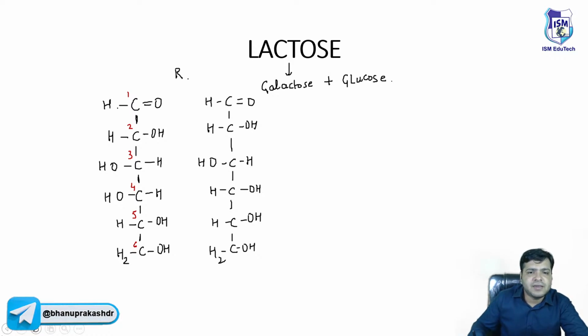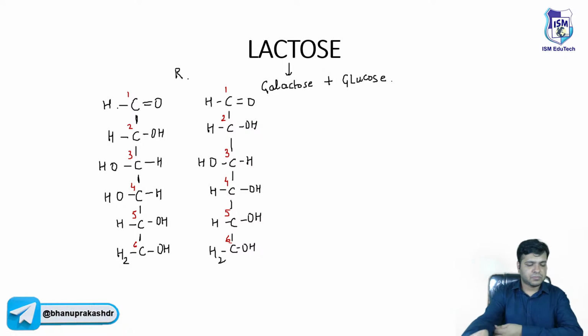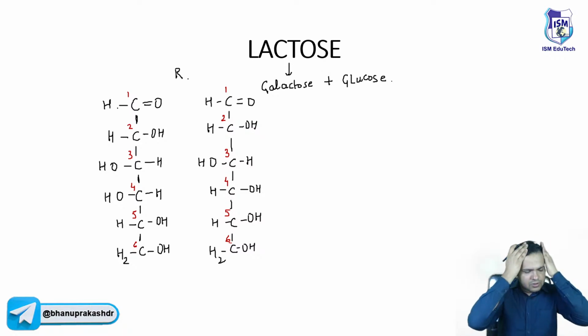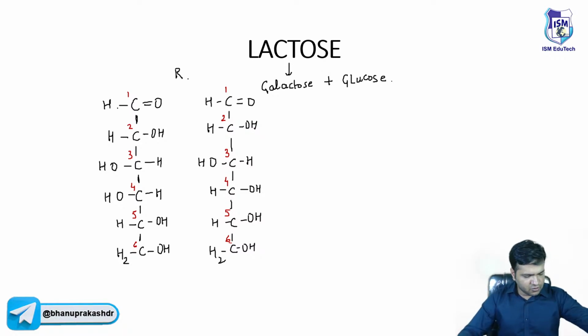Now, beta, can anyone tell me what is the linkage present over here? I want everyone to answer me what is the linkage which is present over here, beta? 1 to 4. Very good.